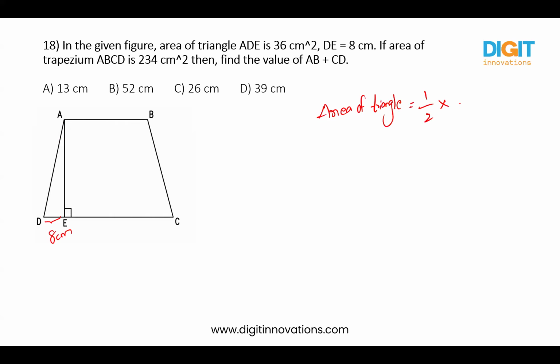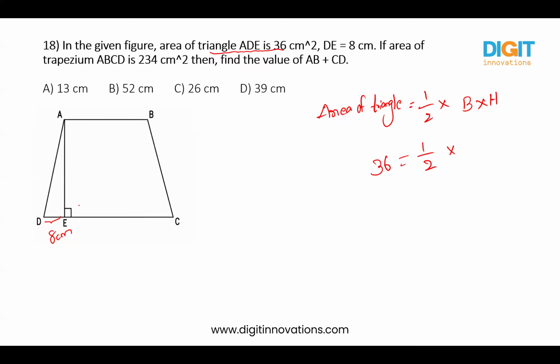Half into base into height, right? Half into area of the triangle, they're telling area of the triangle ADE is 36. They already gave it is 36.